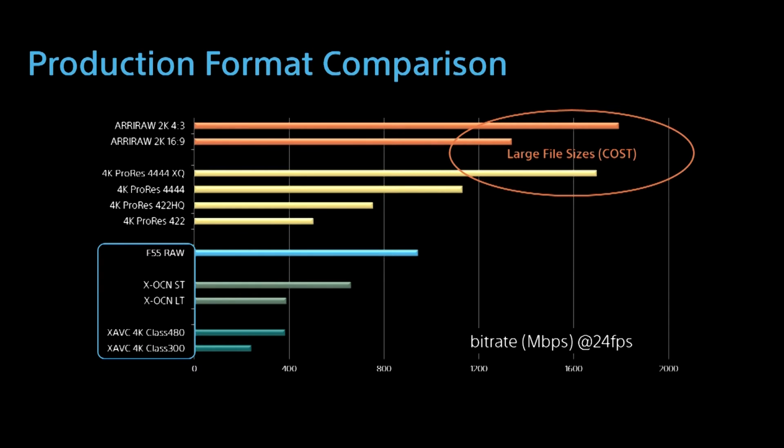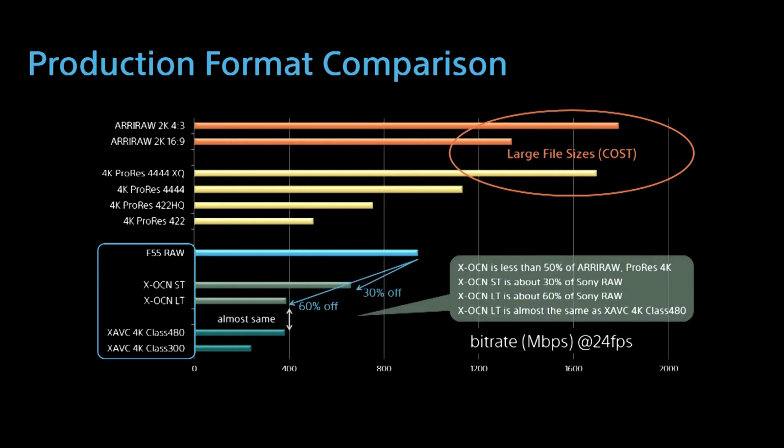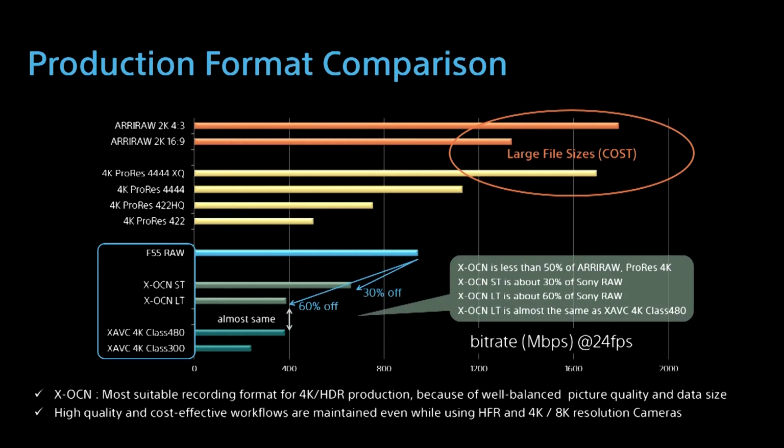But still, even with the smaller format, the Sony RAW is still heavy and is still costly in manipulation and in storage. When we introduce the XOCN ST and LT, we reduce by 60%, facilitating reducing the cost of storage, almost to the level that the file size becomes so close to the level of XAVC that we have in television work.